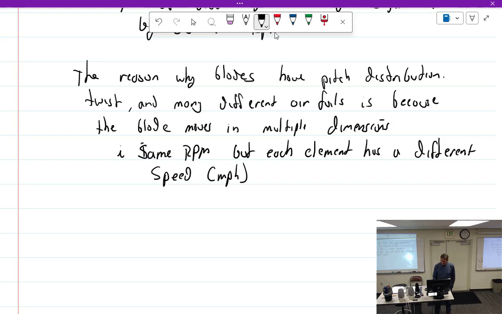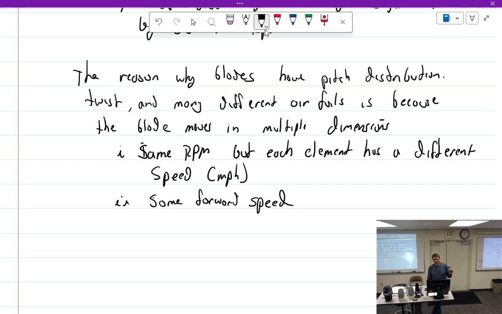All right, different rotational speeds at each element. But we'll go with this. And we have the same forward speed, hopefully. All right, speed. Same forward speed.